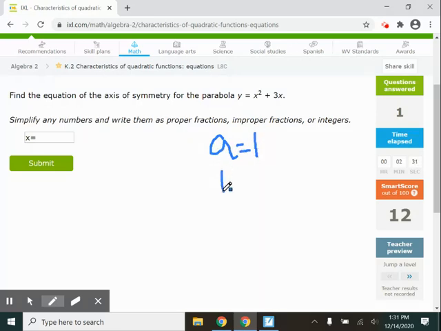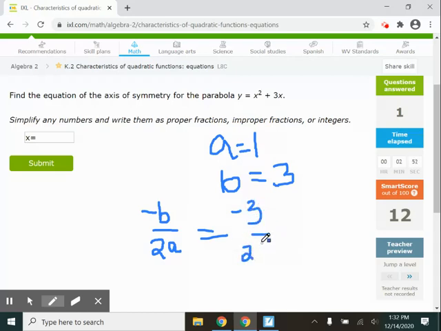My b value is what's multiplied by the x. That's going to be your 3. So my b value is 3. The formula, aside from the x equals, is negative b over 2 times a. So that is going to become negative 3 over 2 times 1.